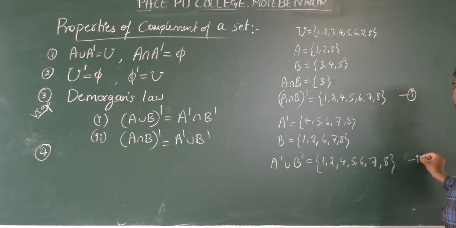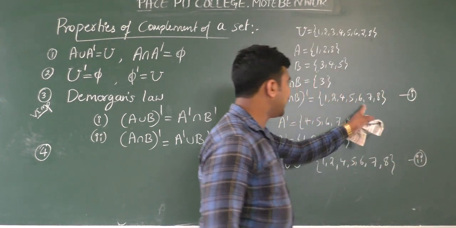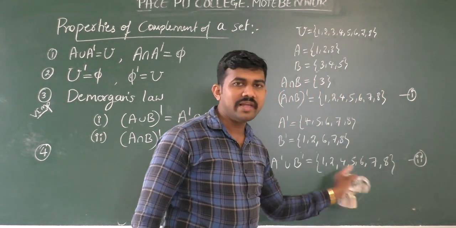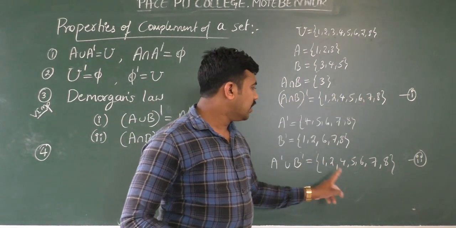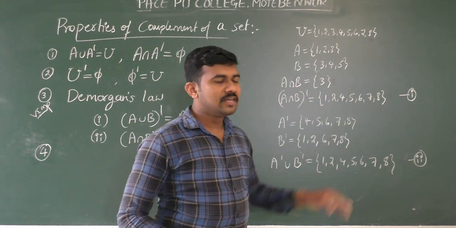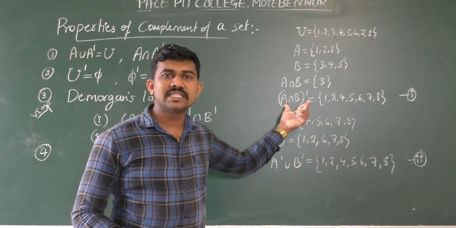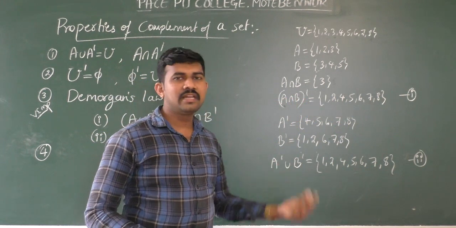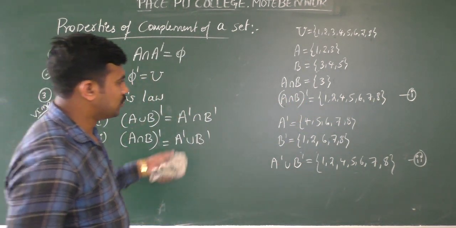Now you can observe clearly in both equations there is no element 3. Other than that, all the elements are 1, 2, 4, 5, 6, 7, 8. So they are equal, so we can say (A intersection B)' is the same as A' union B'. So we got the result here, it is true.